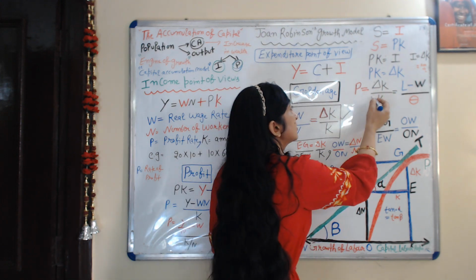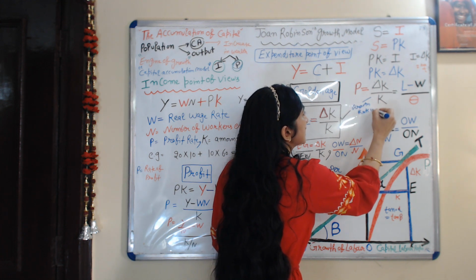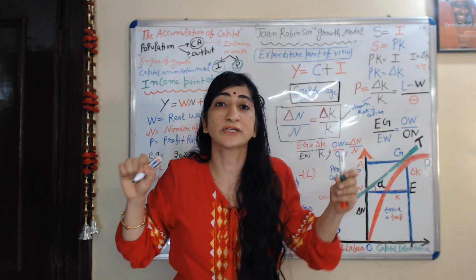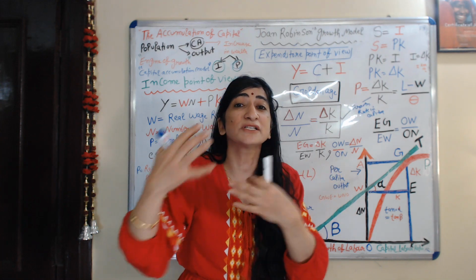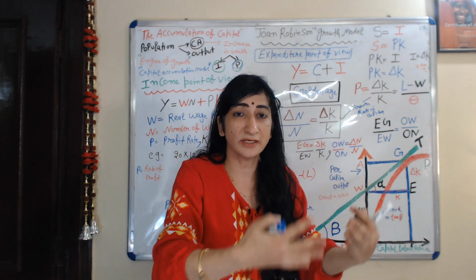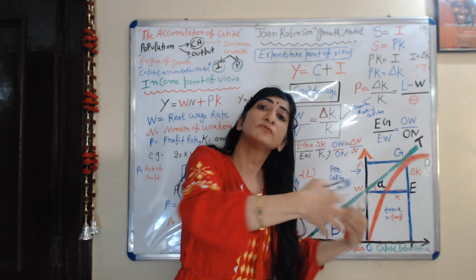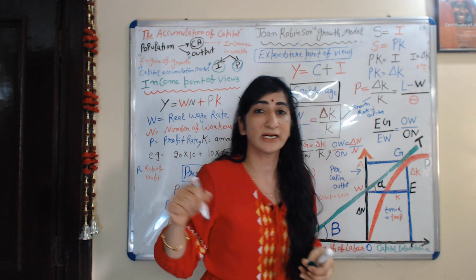This is basically the growth rate of capital. Our profit is equal to the growth rate of capital. Obviously, however much our capital is growing, according to this we will earn profit, and according to this we invest.